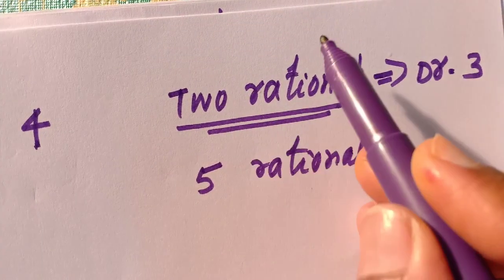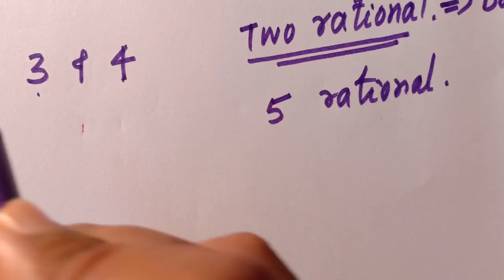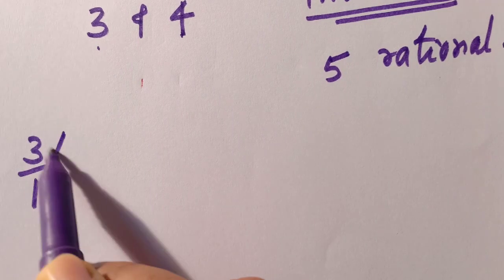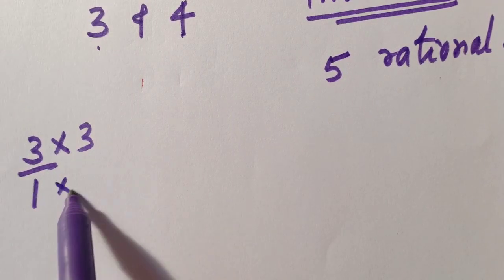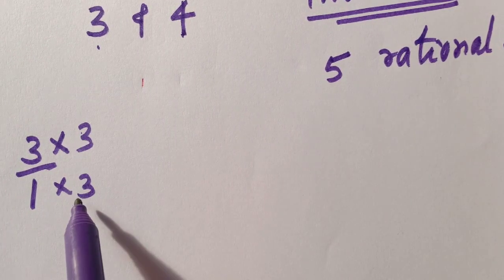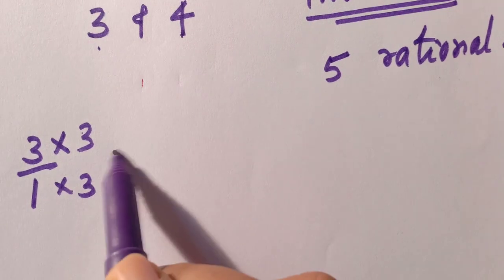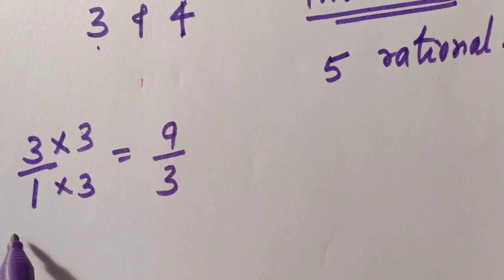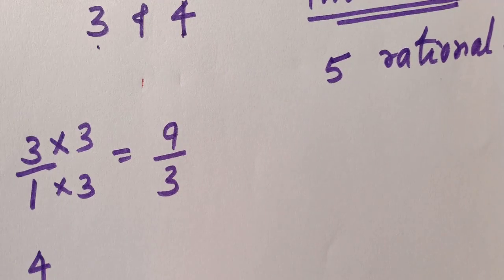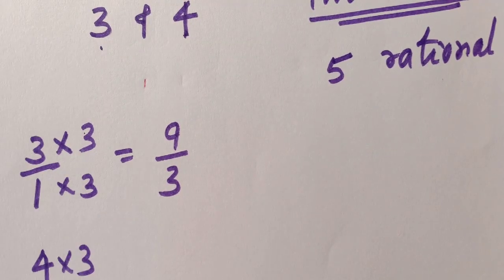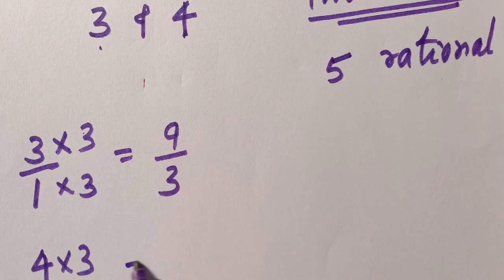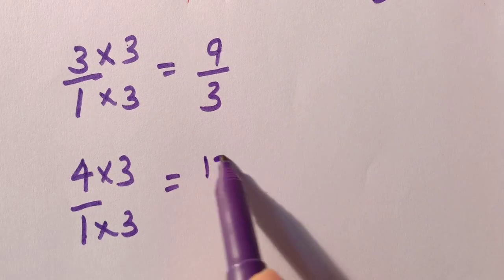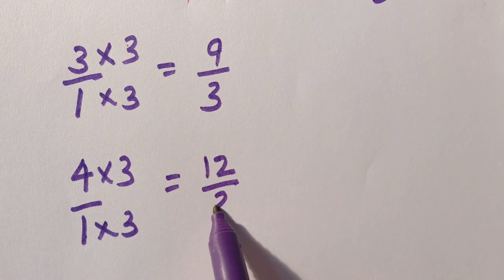We know 3 is 3 by 1; multiplying numerator and denominator by 3, we get 9 by 3. In the same way, 4 by 1, numerator into 3 and denominator into 3, becomes 12 by 3.